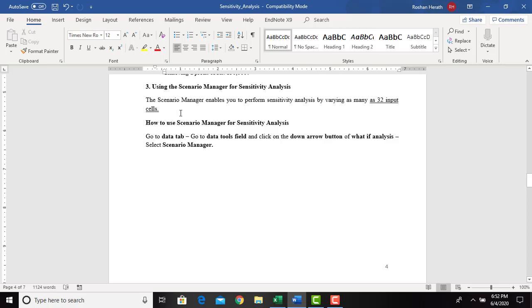But in the scenario manager, you can check when there is a change in 32 inputs, what is the effect that it has on the output. So this is going to be the highest level of capability that it offers in this spreadsheet package.